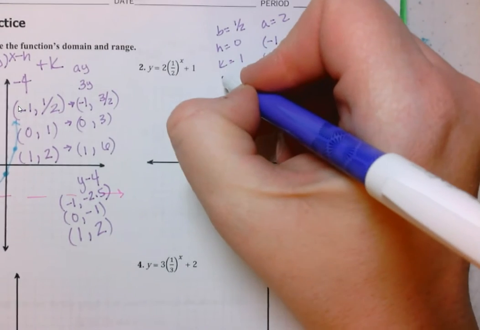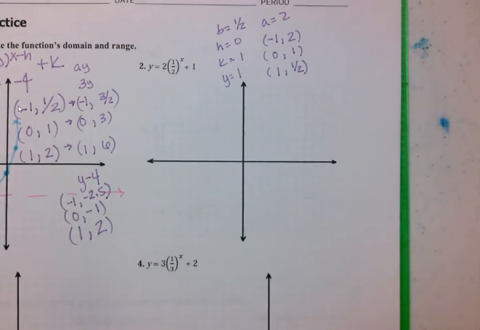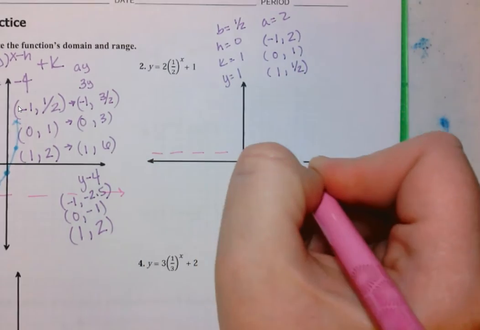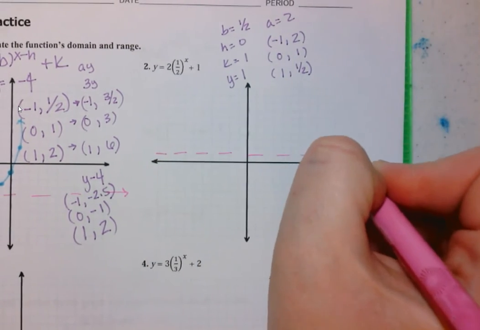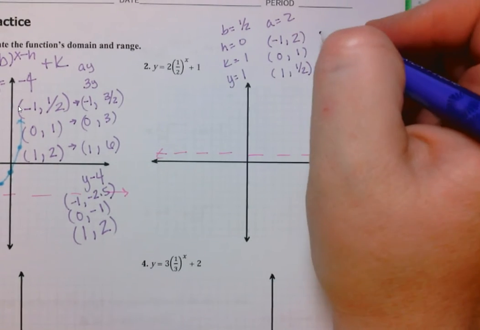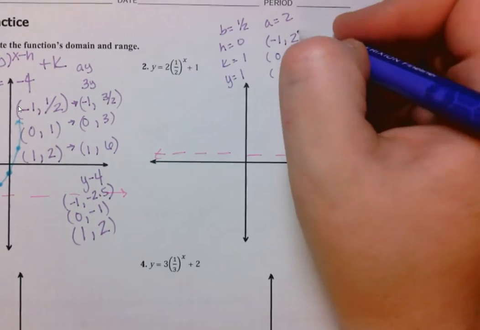K value, I have an asymptote at y equals 1. So my asymptote I'll draw here in pink. So with these, I don't have to move left or right, so I'm going to multiply by 2 on my y's.